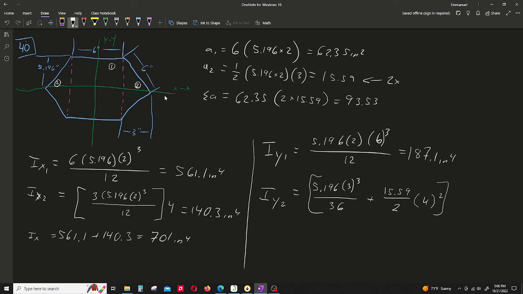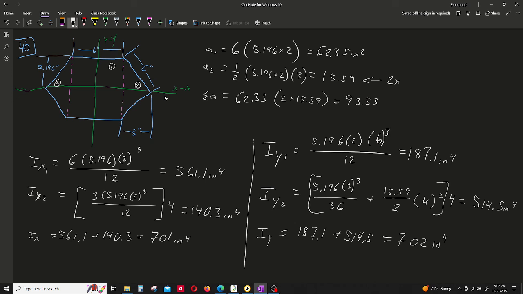And of course, we also have to factor in that there's 4 of them. So we get 514.5 inches to the fourth. So therefore our IY value is 187.1 plus 514.5, and that gives us 702, which is really close to our IX, inches to the fourth.